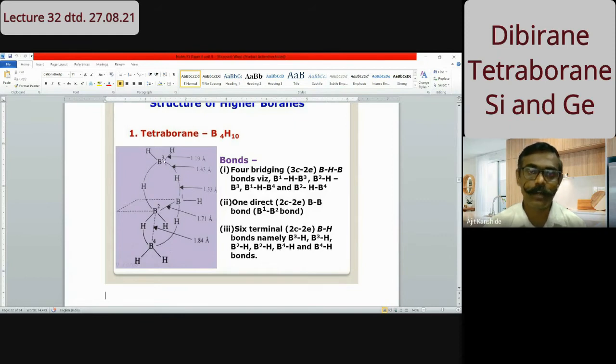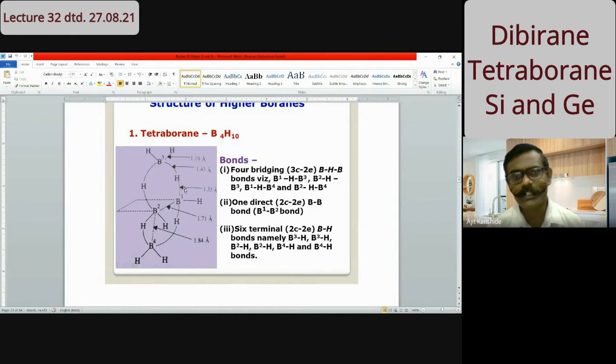If I talk about this terminal bonding, 2 electrons are involved. If I talk about this bridged bonding, there are also two electrons involved, but centers are three. But from whom to consider electron and from whom not to consider, that you have to choose wisely. And in total you have to calculate how many electrons are involved in the bonding.